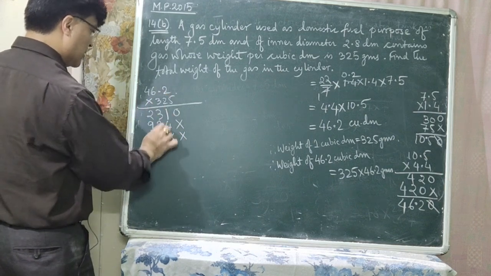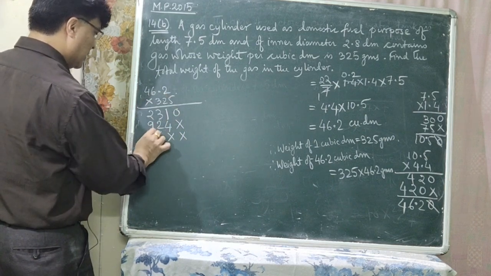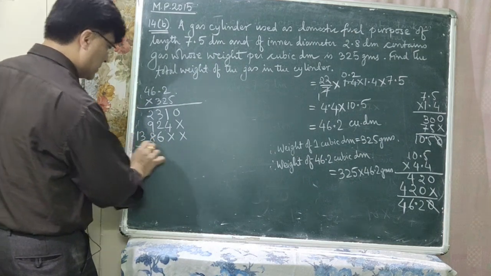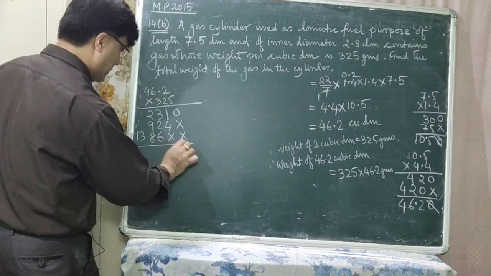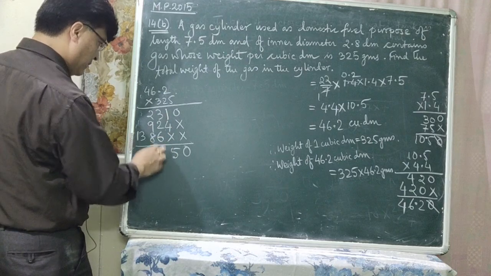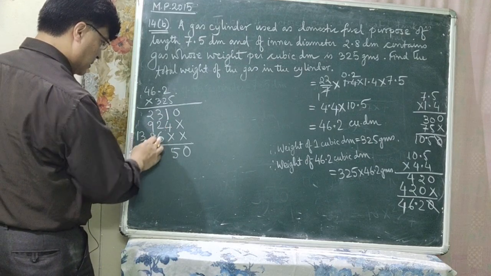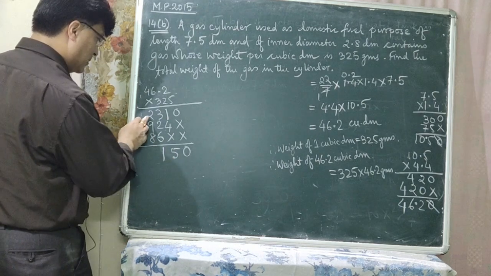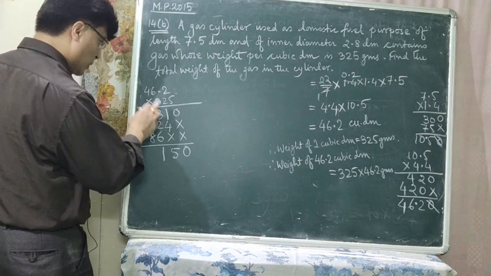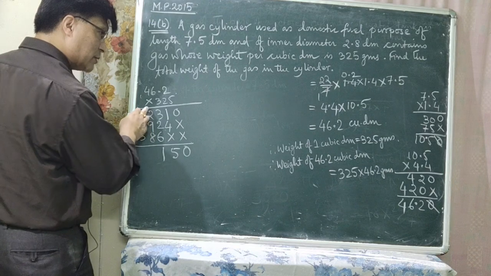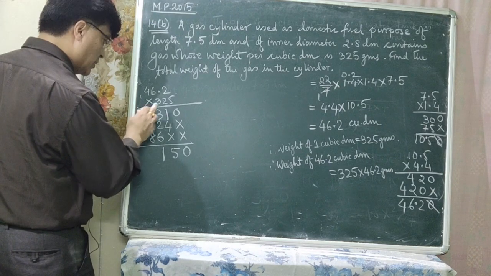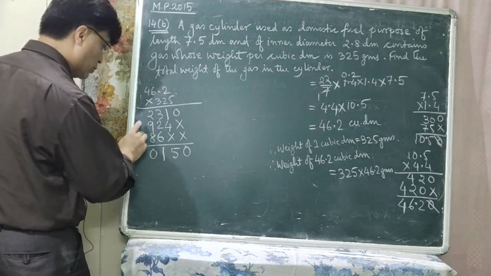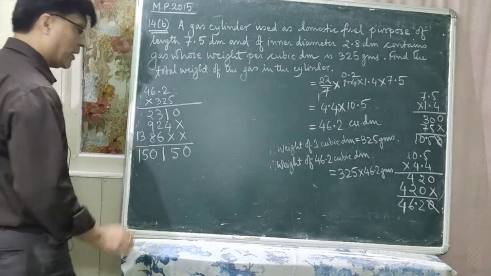Double cross. 3 2s are 6, 3 6s are 18, 8 and 1 carry, 4 3s are 12 plus 1 is 13. So 0, 5, 0, 5, and this is 3 plus 2 is 5, plus 6 is 11, 1 carry, 9 plus 3 is 12, 12 plus 8 is 20, 0 and 2, this is 5 and this is 1.